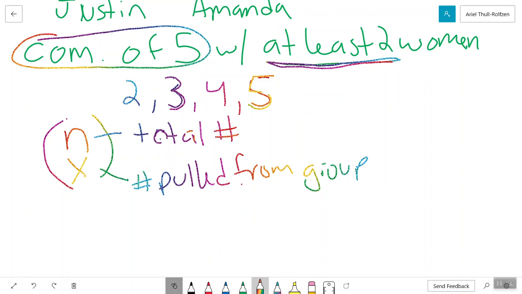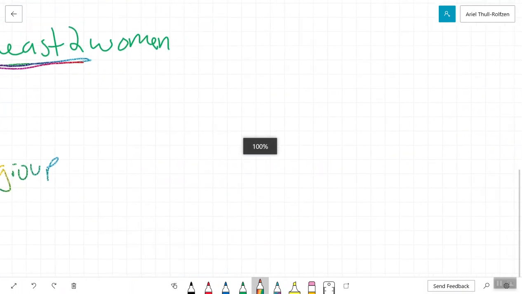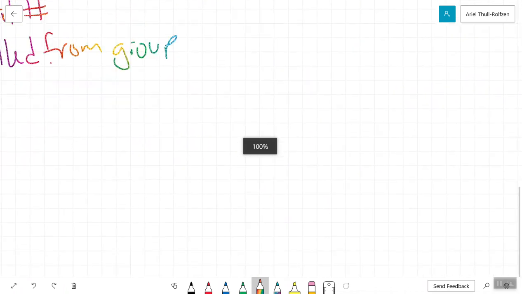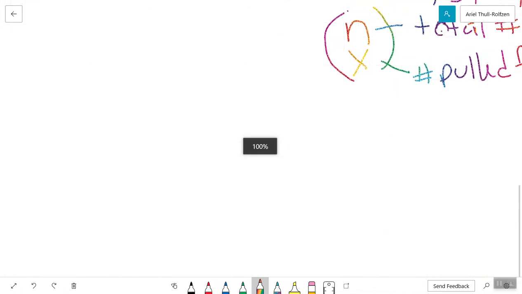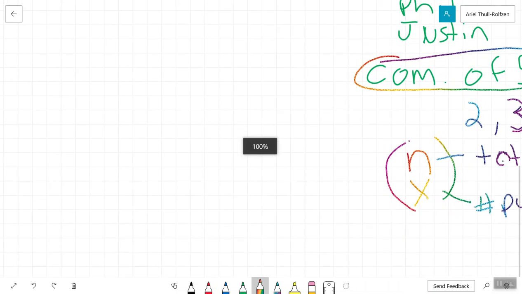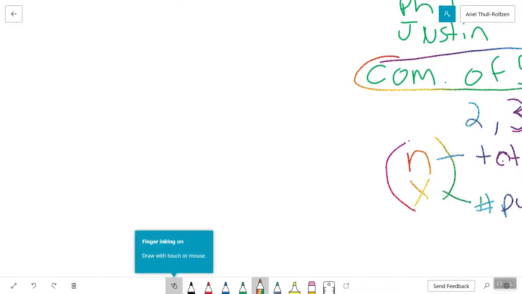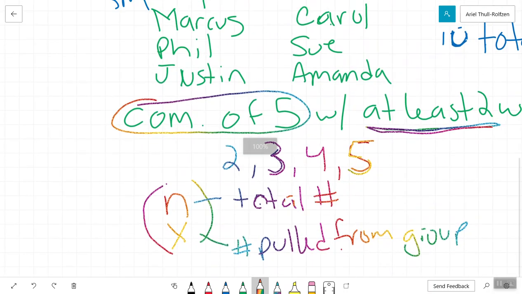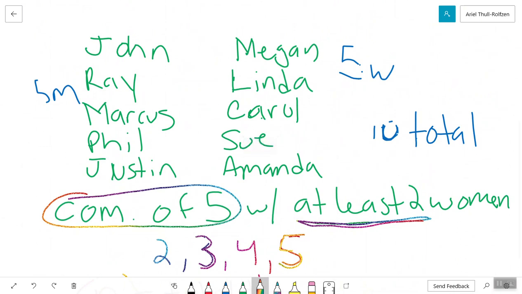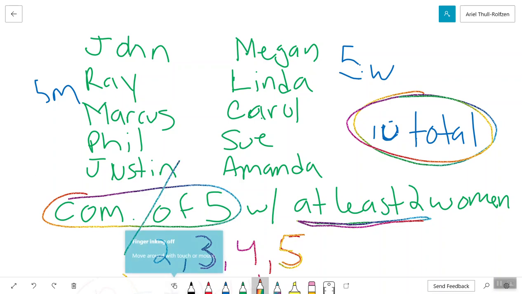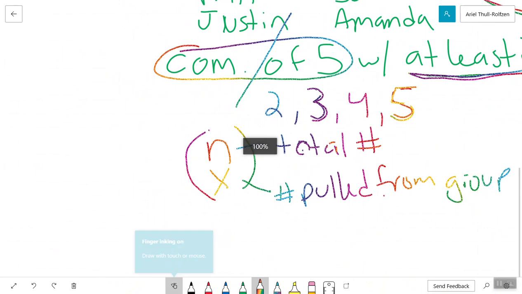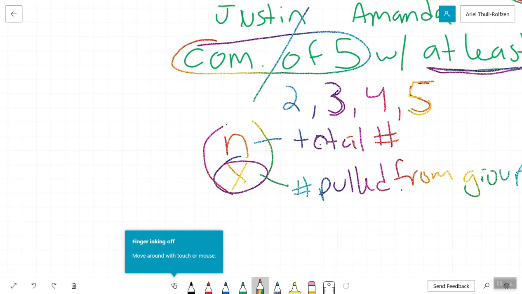So with that n over x, what's the total number in the group, the n? The total number in the group is going to be that 10 total, the total number of people we have to choose from. And the x, the number we're pulling from the group, is going to be the 5, the committee of 5.